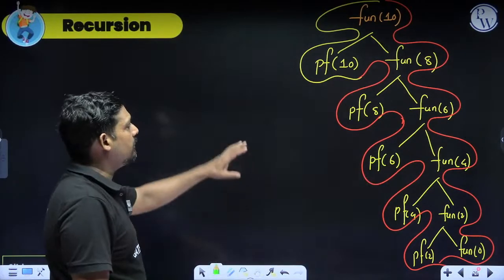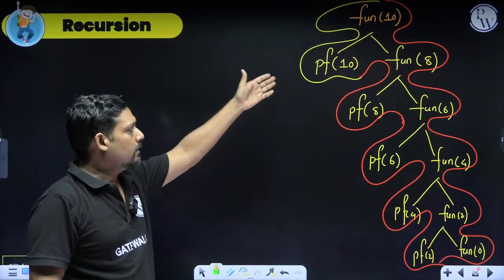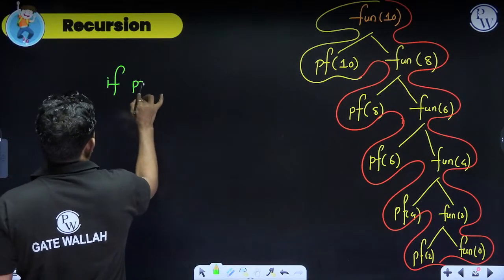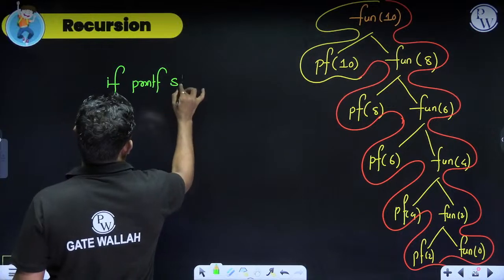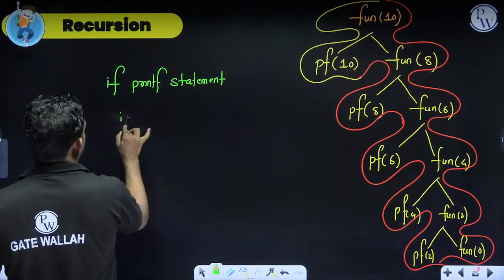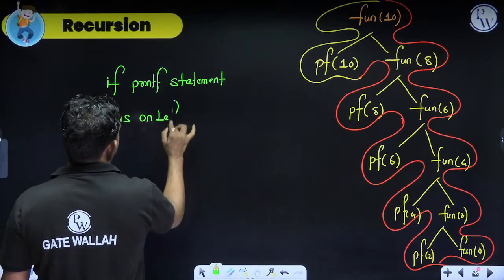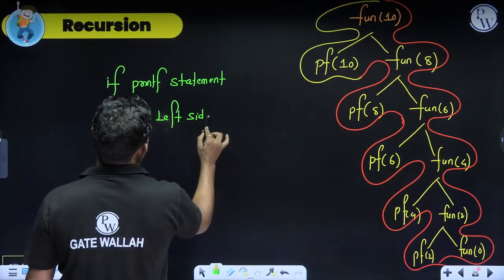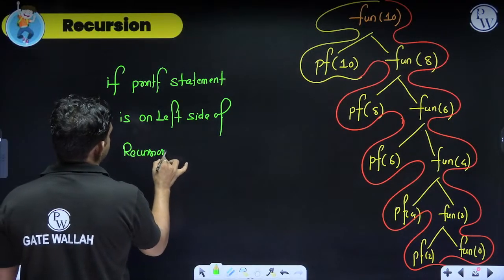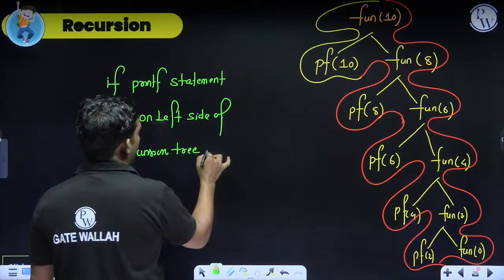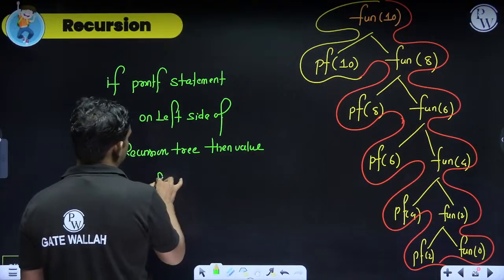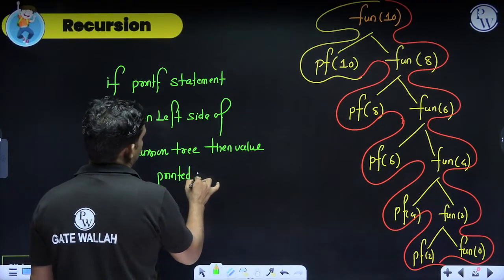Now in the recursion tree, if the printf statements are on the left side of the recursion tree, then values will be printed in top down manner.